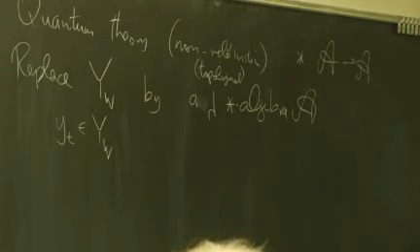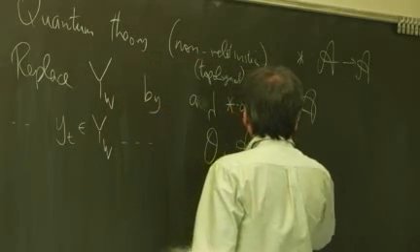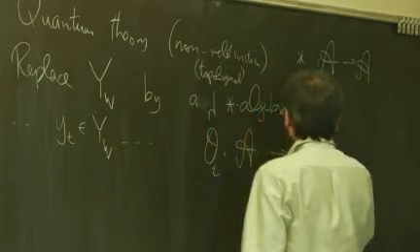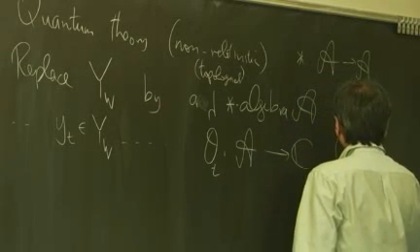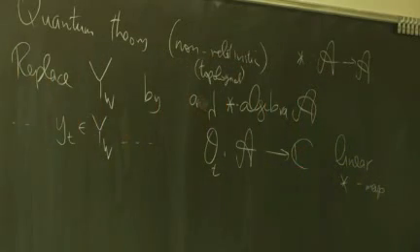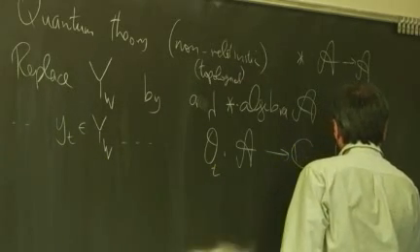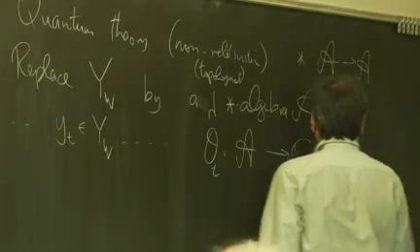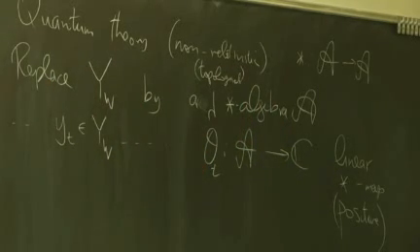And the star is just the adjunction of operators in Hilbert space. And this gets replaced by a linear map theta, which is a star map. In other words, doing star there corresponds to complex conjugation there. And it's positive, in the sense that theta of something of the form A star A has to be greater than or equal to 0.